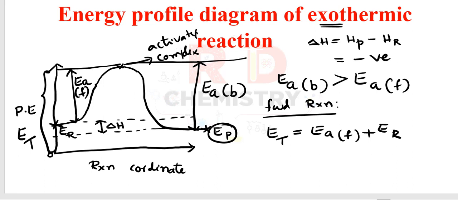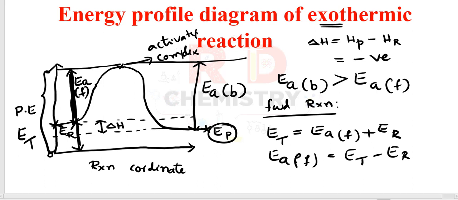See here, this length plus this length is equal to the threshold energy. Threshold energy is equal to the energy of activation for the forward reaction plus the energy of the reactant. Therefore, the energy of activation in the forward reaction is equal to ET minus R.